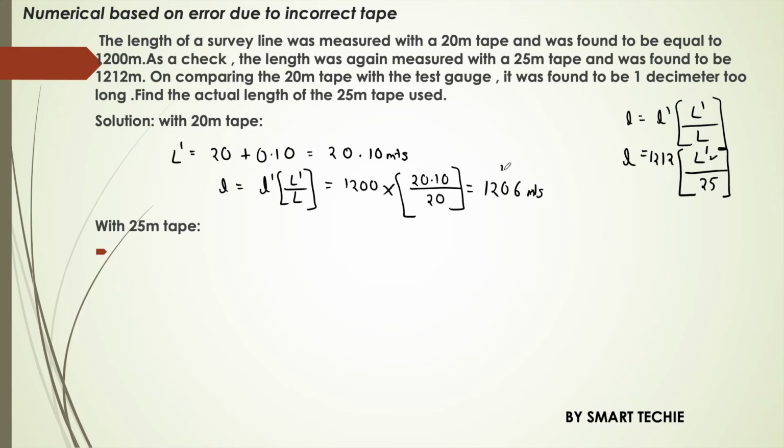So this is the true length of the line. This true length of the line can be substituted in this equation, and then we can find L dash. So I'll just substitute in this equation.